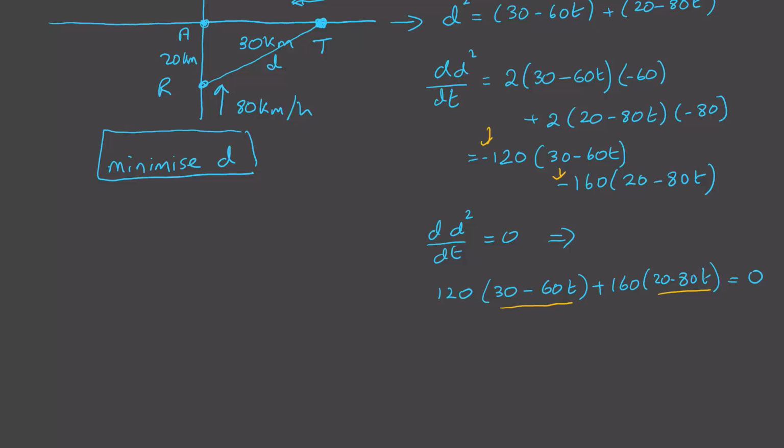And so that would be 3,600 (1 take 2t). For this bracket, it's a 20 that can be taken out. So that would be 3,200 (1 minus 4t), and all of that is equal to 0.